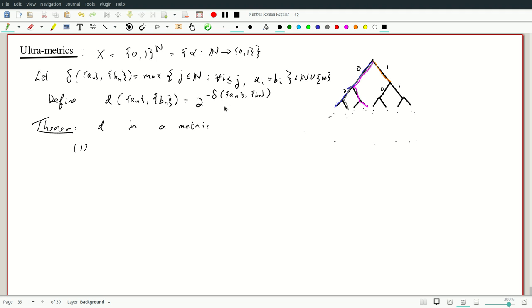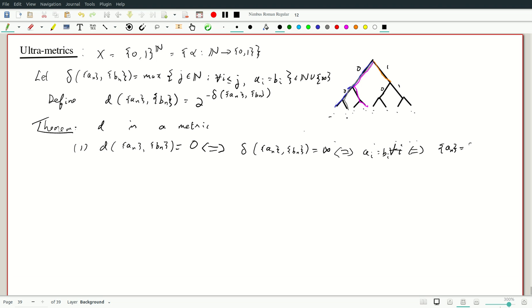Okay, now the first condition is by construction. Okay, so D of a_n, b_n is 0 if and only if delta of a_n, b_n is infinity, which means by definition this is equivalent to a_i equals b_i for all i, which is equivalent to a_n equals b_n.